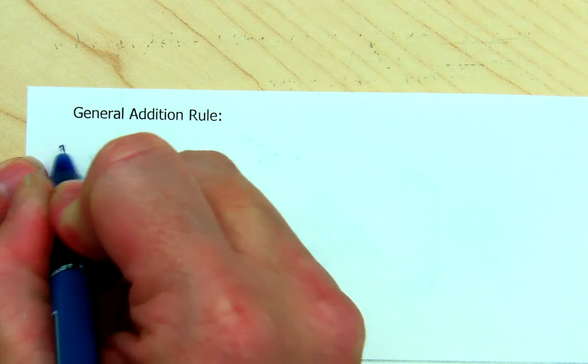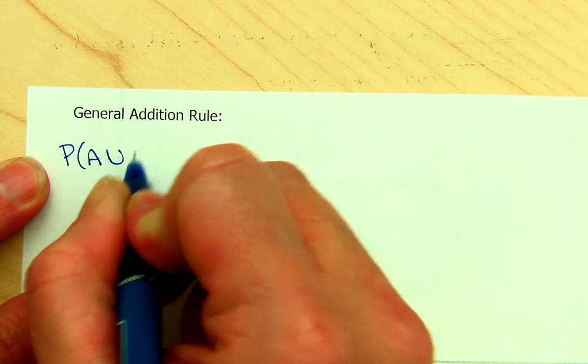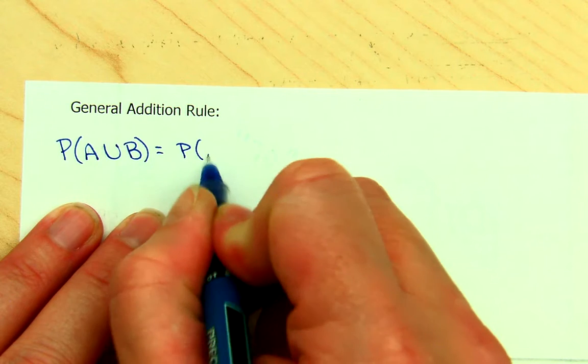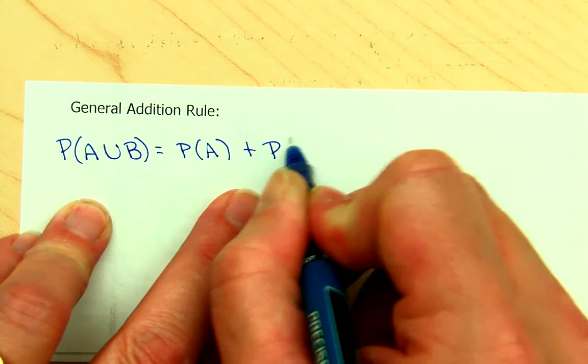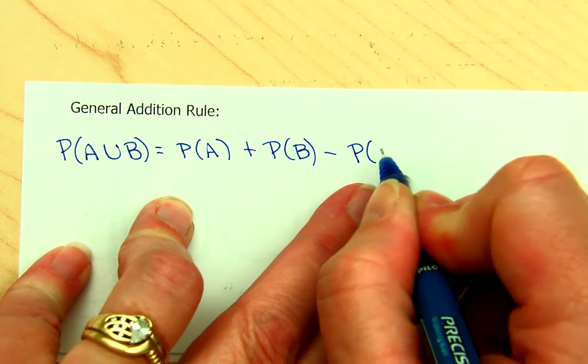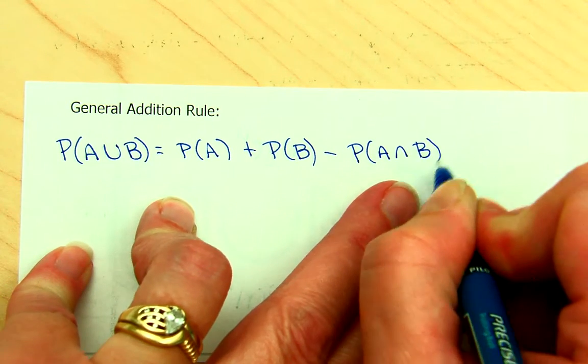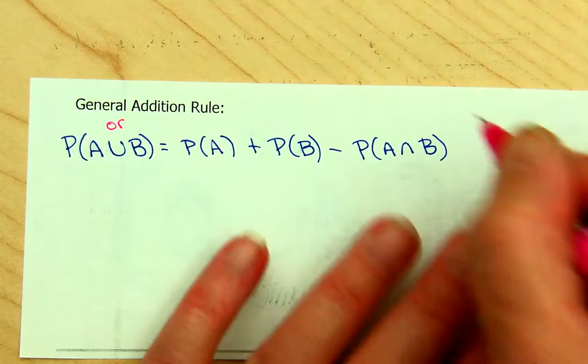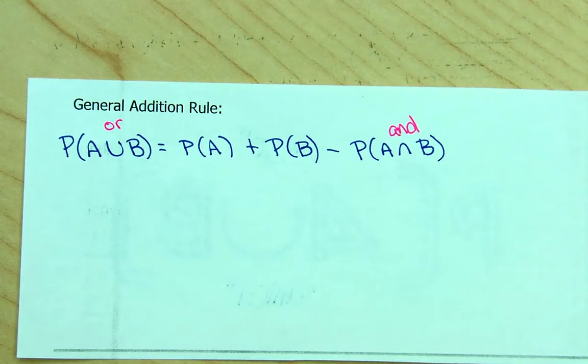So our rule is: probability of A or B is equal to the probability of A plus probability of B minus the probability of A and B. So this one means or, this means and. I'm going to write that to help you distinguish between the two.